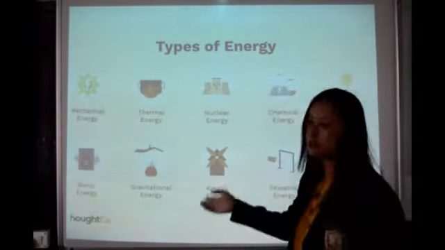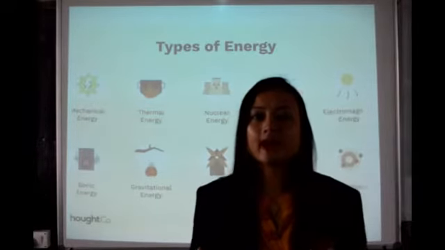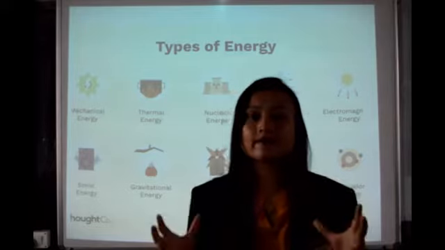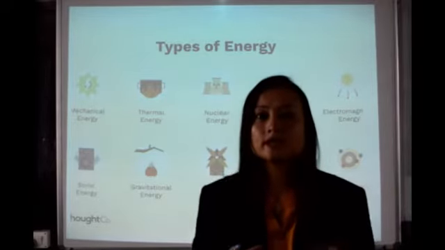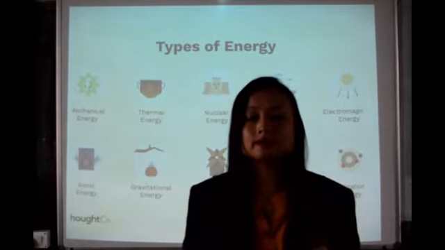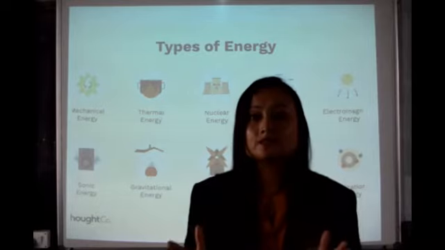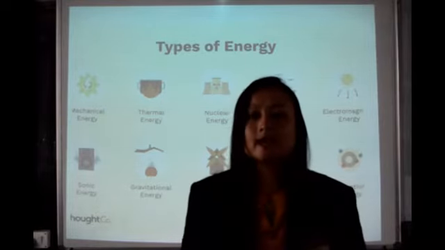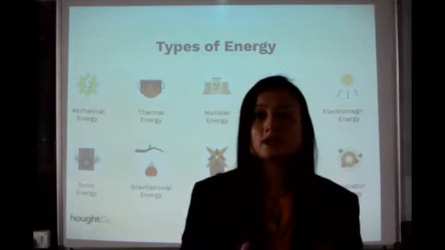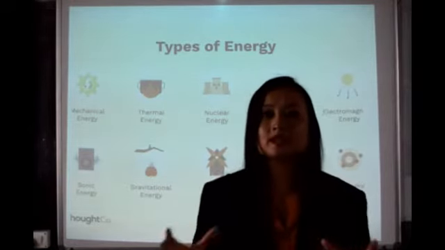Okay, nuclear energy. You know nuclear energy. There are elements which have very high atomic number and they have heavy nucleus. And they are unstable. So when they want to become stable, they disintegrate. Okay, the nucleus splits into different nuclei, nuclei being the plural of nucleus, that means many nucleus.